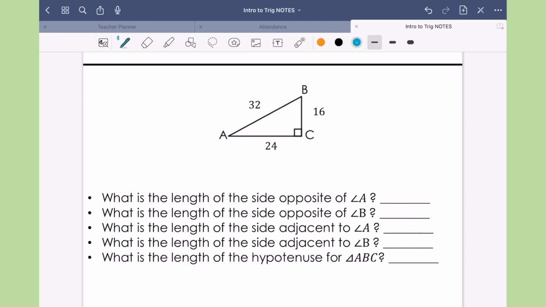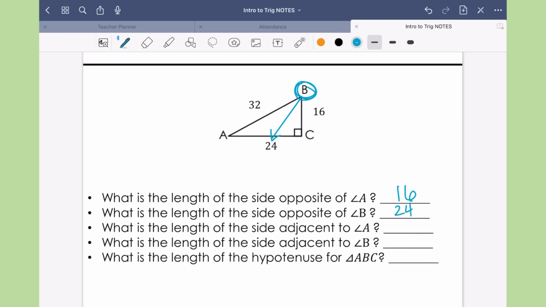Here's angle A. What side is opposite of that angle? 16. Okay, you try opposite angle B. So we're here now, angle B. What do you think? Across, opposite, 24.